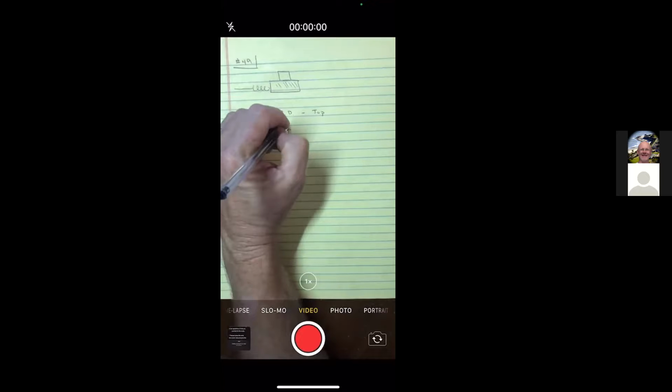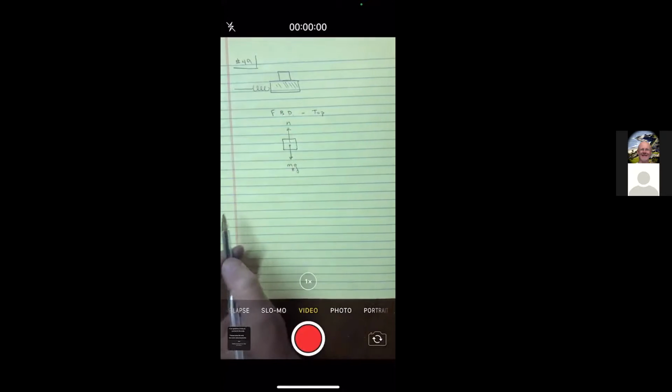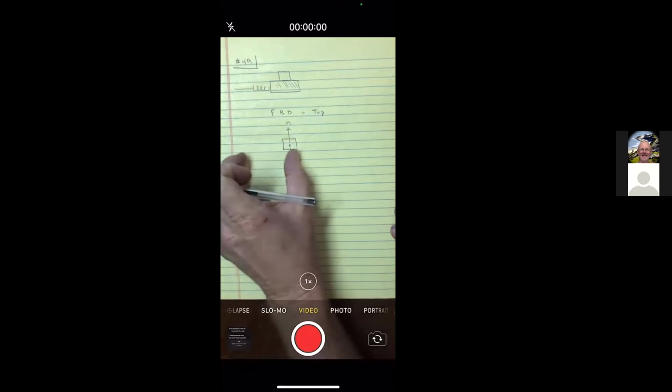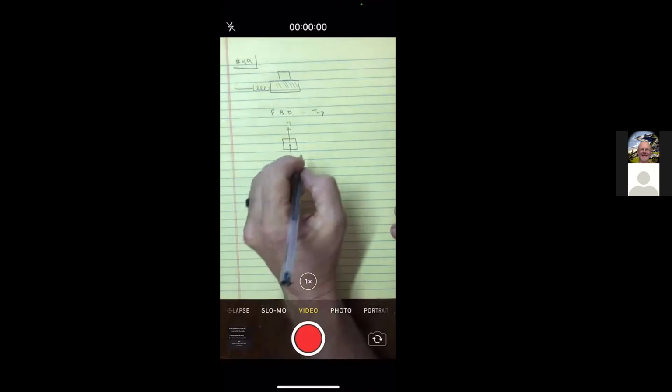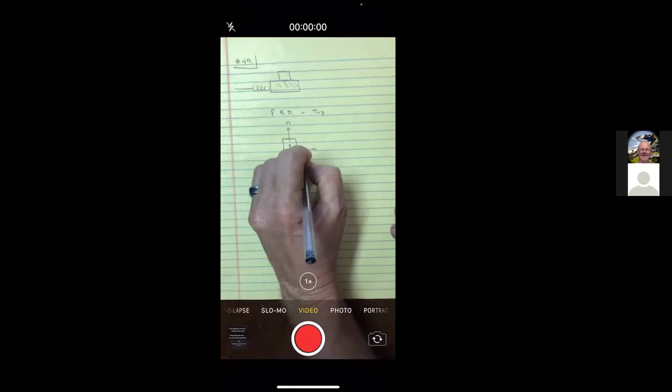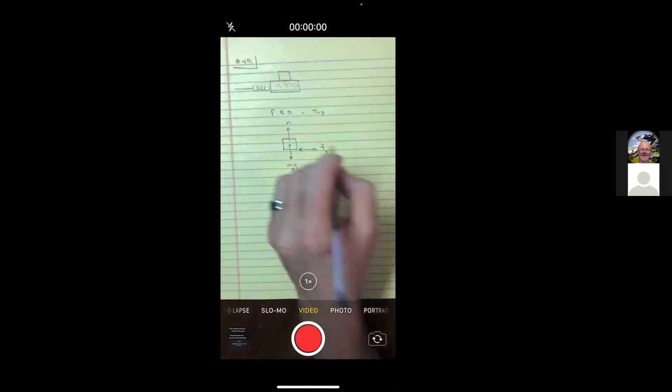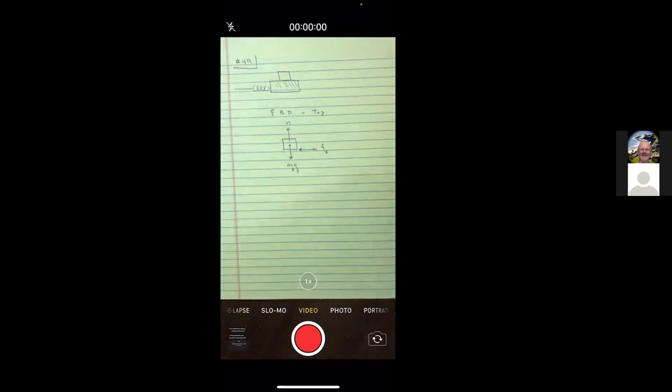Pushing up on the top block is the normal force, which of course comes from the bottom block, which is P. But then what makes it move, and this is the main part of the problem, what makes it move back and forth is friction. And if we want the top block to be moving with the bottom block, then the friction would be static friction.